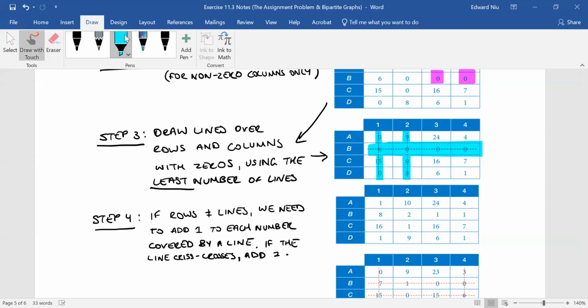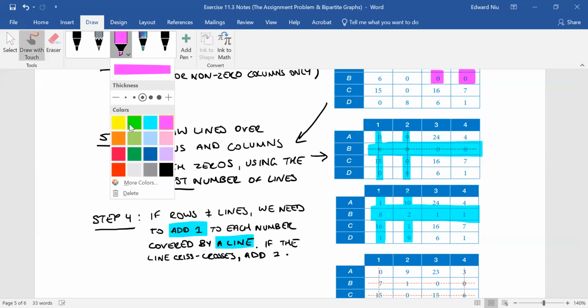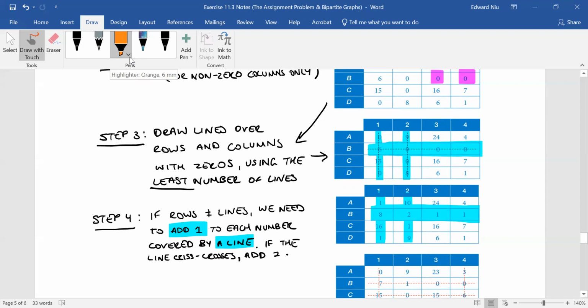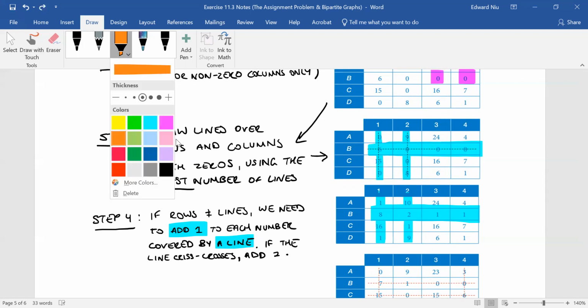All right, so notice how all these original crossed out numbers have all been added by 1. Now the crisscross. What color can we use?